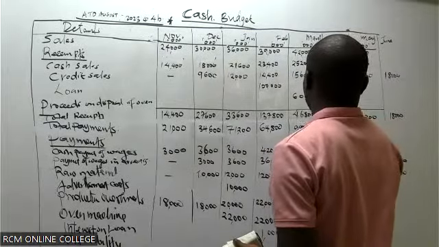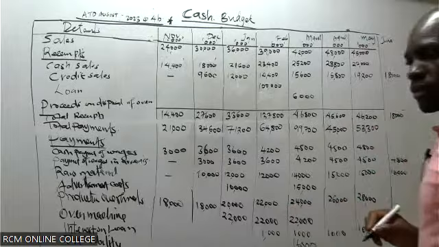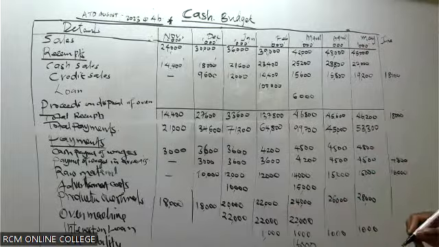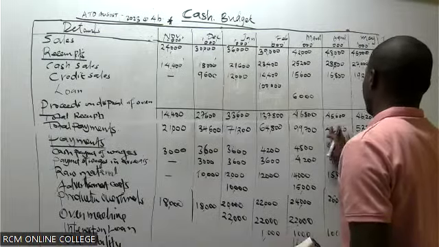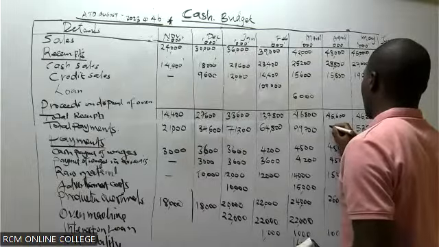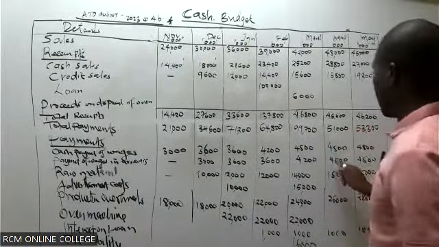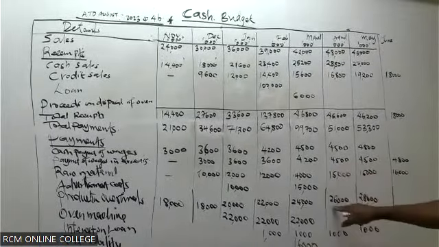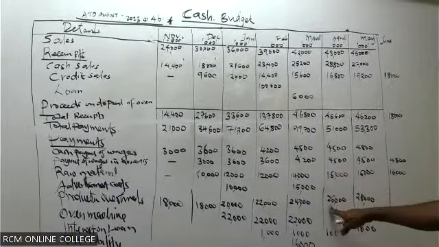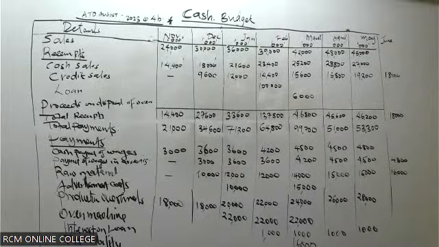Kwa hivyo watu hawajui kuongeza vitu. April 51,000. April pia ni 51,000. Hapa. 4,500, 4,500, 9,000. This one plus this 16,000. 16 plus 26,000 itakuwa 42.